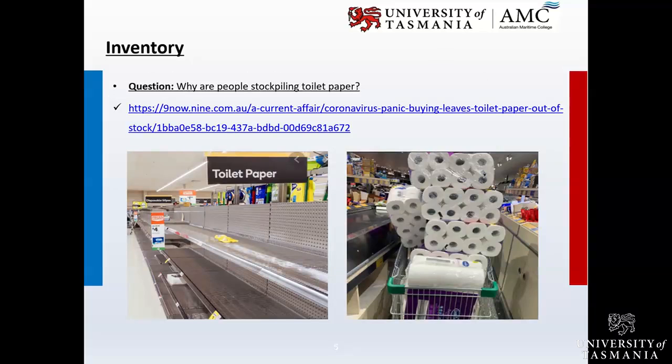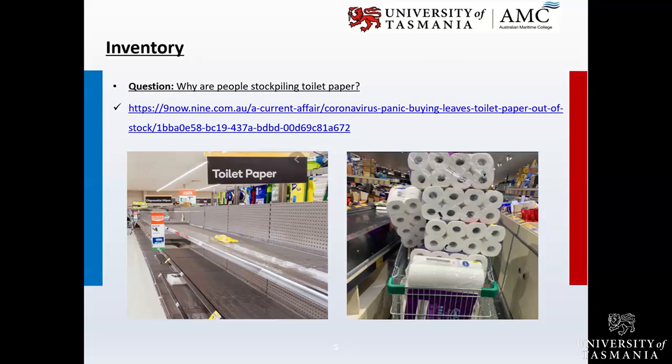Okay, now we have a question. Why are people stockpiling toilet paper? Especially recently, it is a very interesting thing. You can think about this question and share your comments or your opinions in the discussion board in Milo.